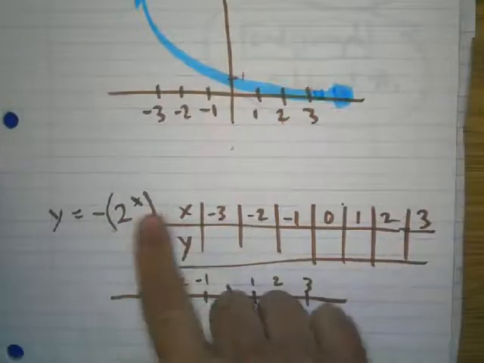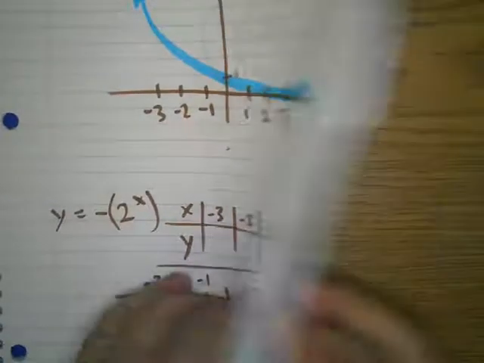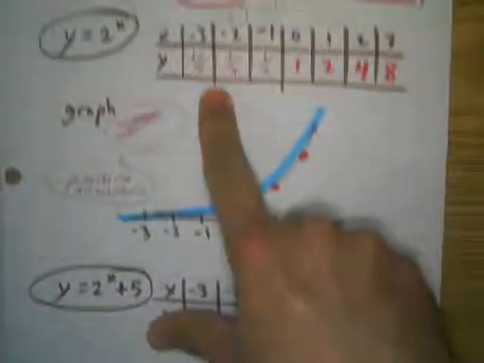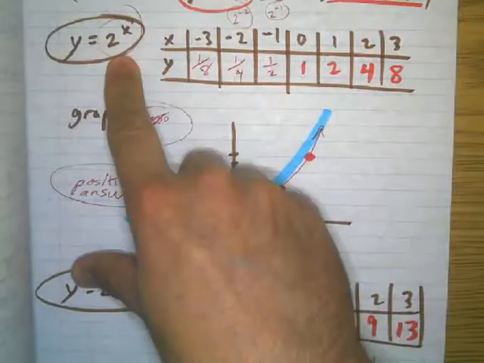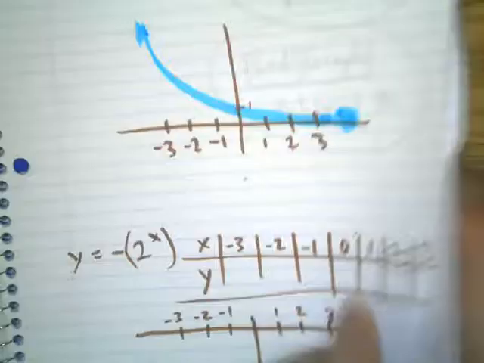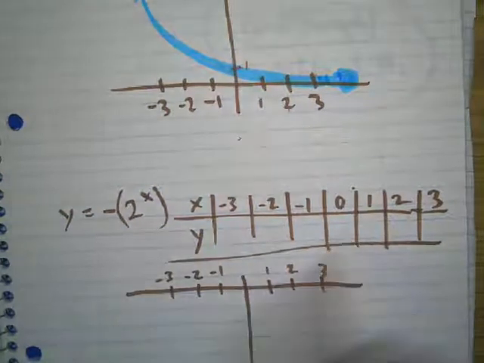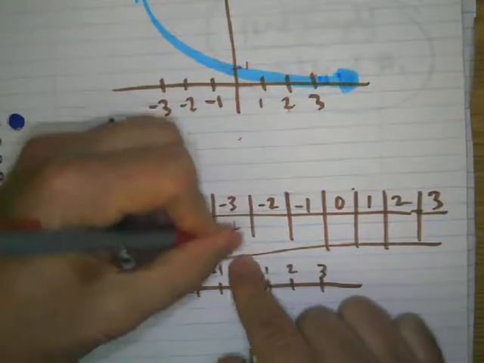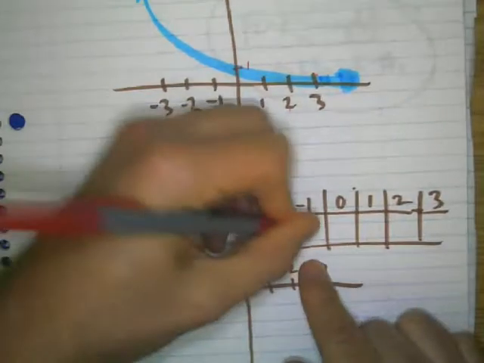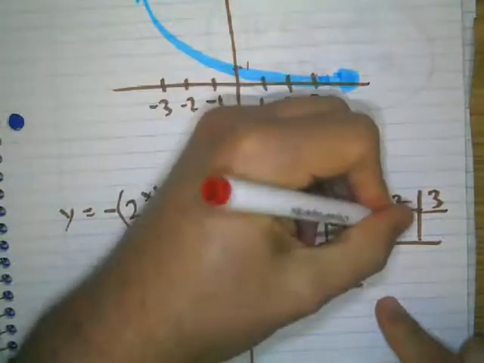Okay. Now, if I look at the next one here, this negative is going to take all of the values from this function, but we're going to make them negative. So if I've got a negative in front of it, basically, we're taking those answers from before, which was 1/8, 1/4, 1/2, 1, 2, 4, and 8.